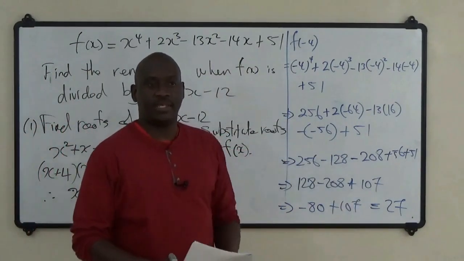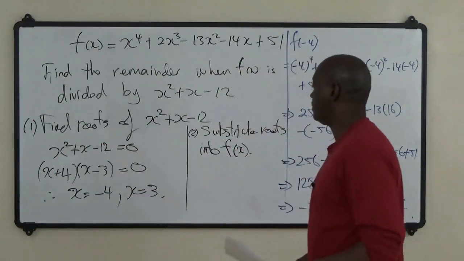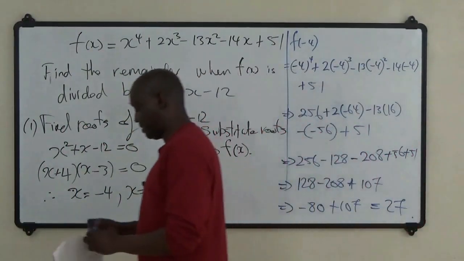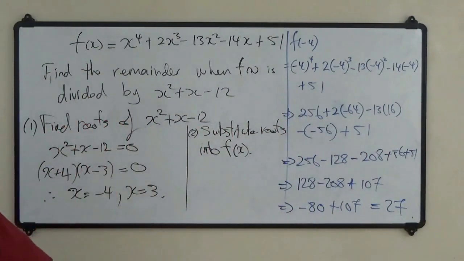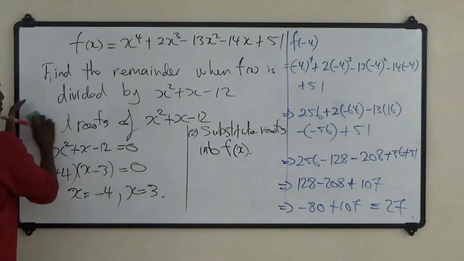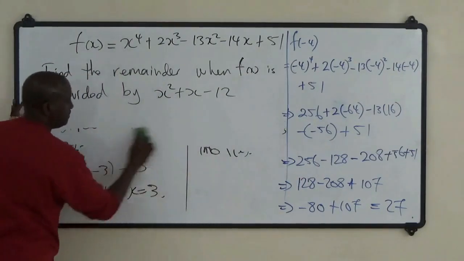Now we're going to do the same thing for the other root, which is x equals plus 3. We're going to take some space down here because we already have this. And of course, you always have the option to rewind.